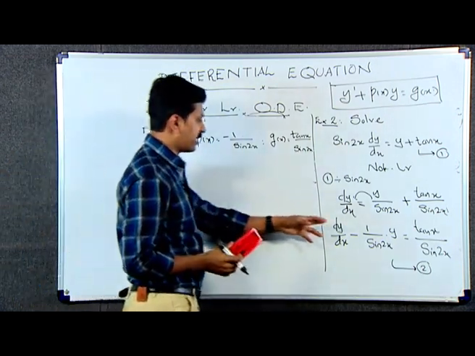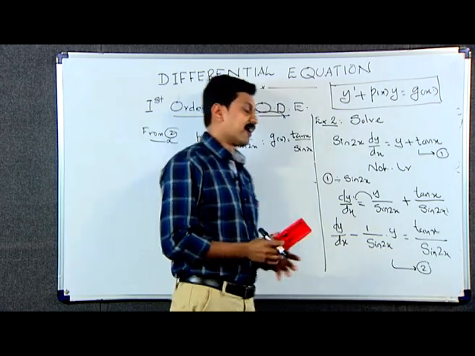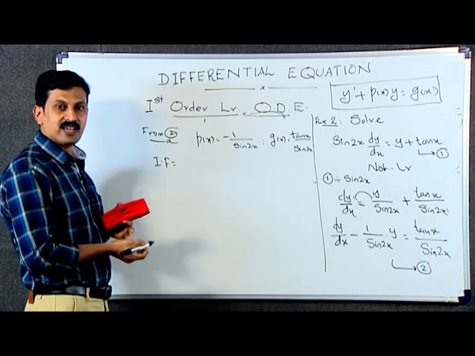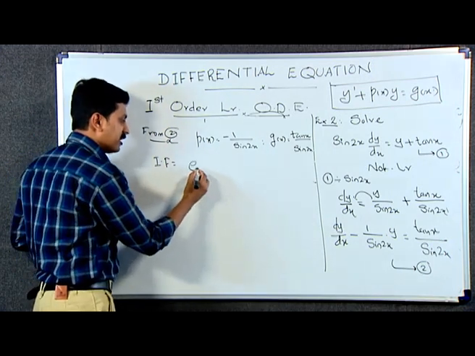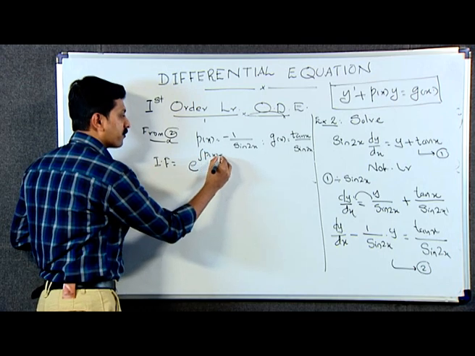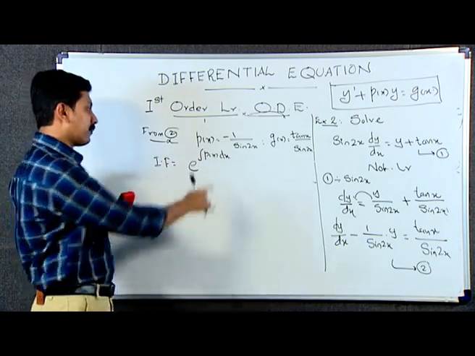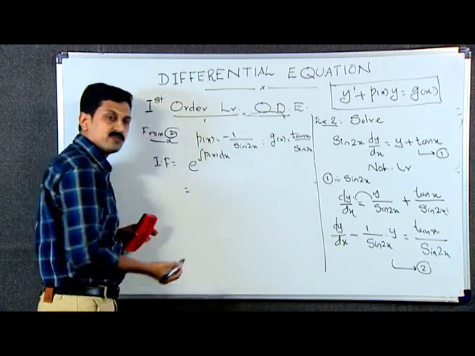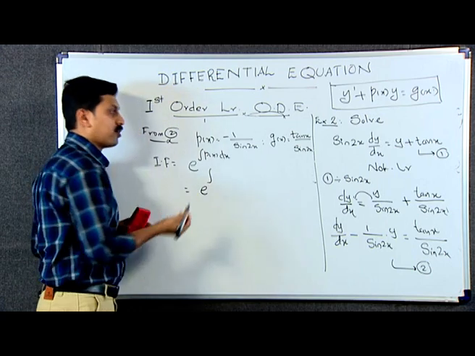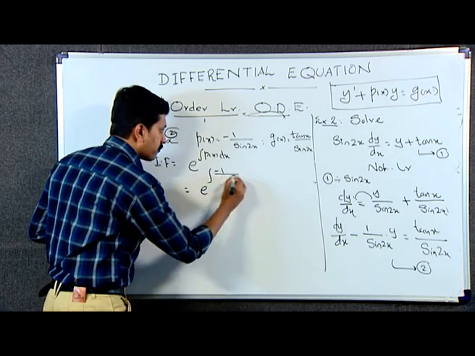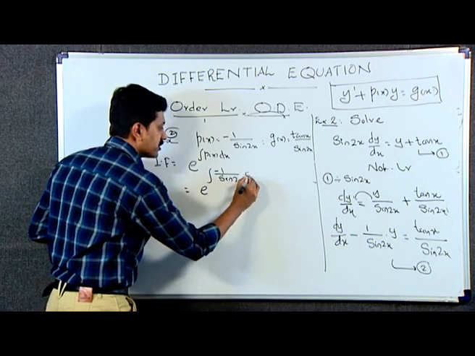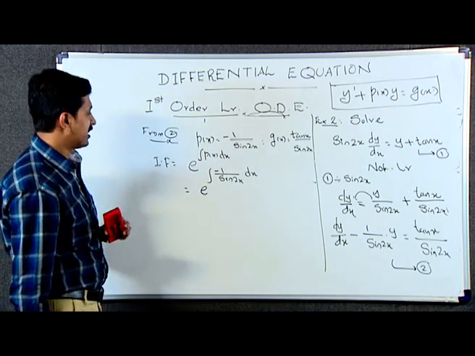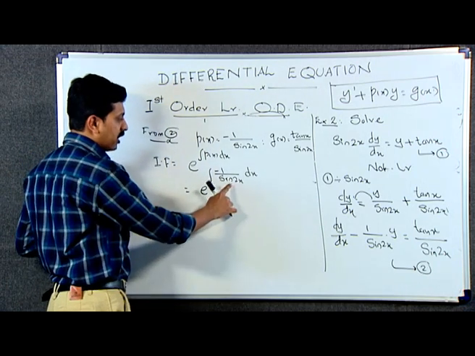See, we have to find the integrating factor. We have the formula: the integrating factor is equal to e raised to integral of p of x dx. We apply the value of p of x here. Therefore, this is equal to e raised to integral of minus 1 by sin 2x dx. See how we will solve this.